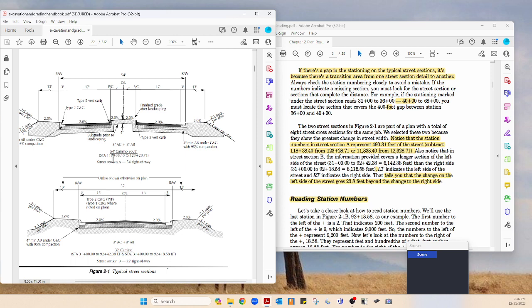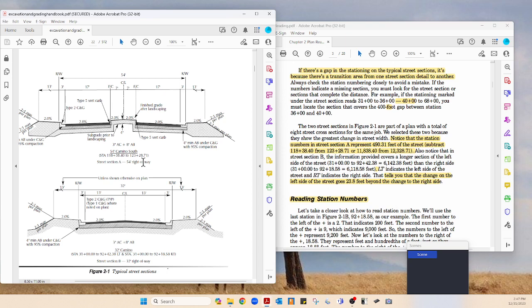I have to get my glasses to read that. 118 plus 38.40. That's the first station that this is applicable, and I'll get to what I mean by that in a minute. This particular cross section is good all the way to station 123 plus 28.7.